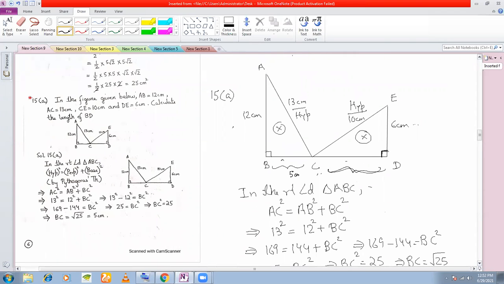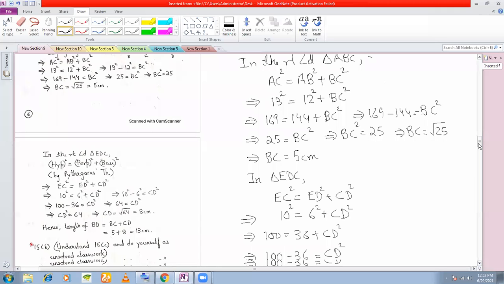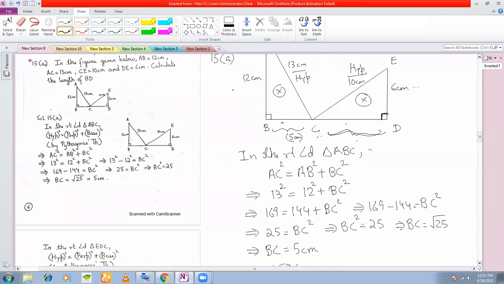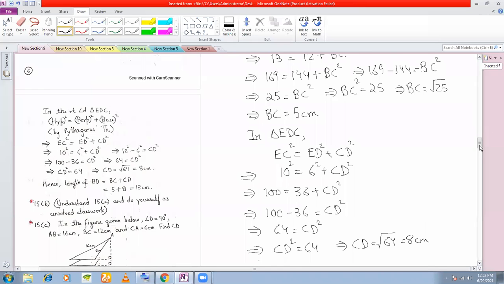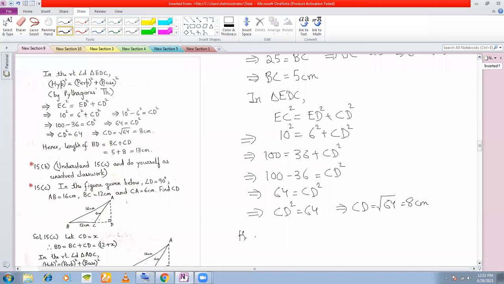And we got CD as 8 centimeters. So what is the length of BD? 5 plus 8. Hence BD is equal to 5 plus 8, equal to 13 centimeters. That's our answer. Any question?